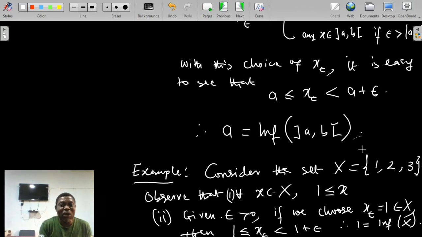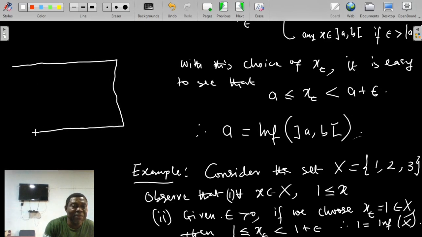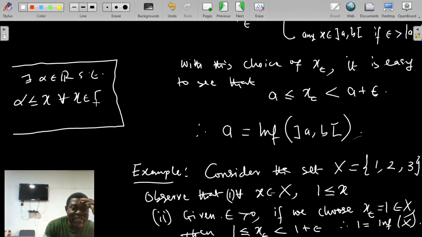Before I conclude this, let me quickly make this remark. And this, I believe, will be helpful to so many of us. Some authors will do this kind of thing. If they want to say that a set is bounded below, say by alpha, they say that a set is bounded below if there exists alpha in R such that alpha is less or equal to x for all x in the set. Say the set is E. This is commonly used.